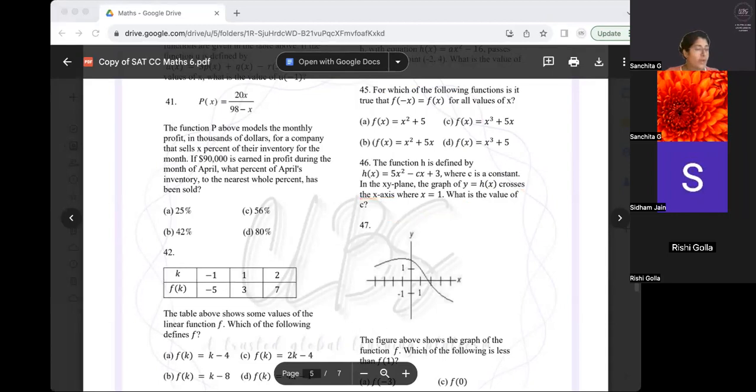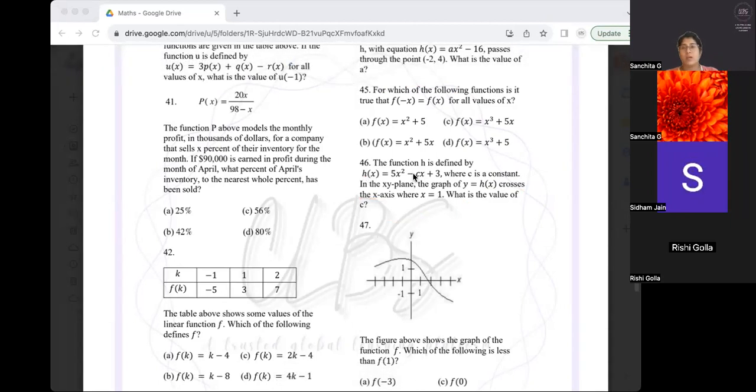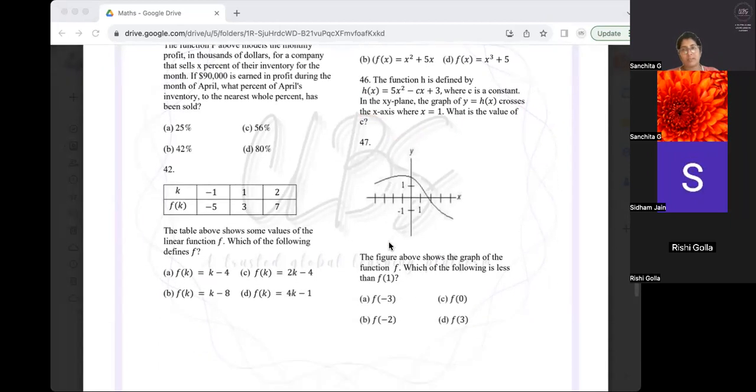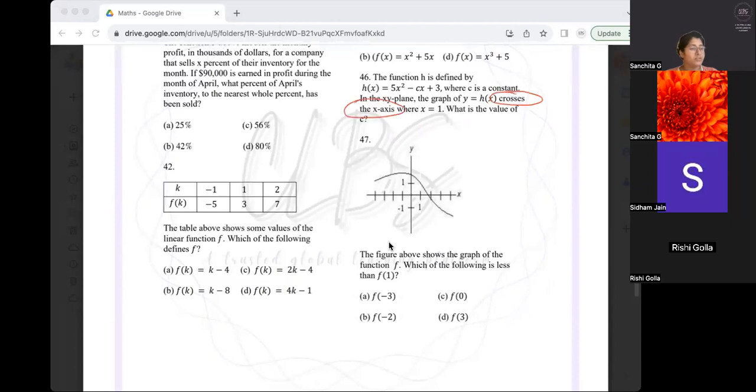That means y is equal to 0. Minus c is equal to minus 8. 8 is equal to c. Okay, answer is 8. You just plug in the value of 1 and 0 here, and you'll get the value of c immediately. This is the tricky part. The trap zone is this: crosses the x-axis. What is the y value?